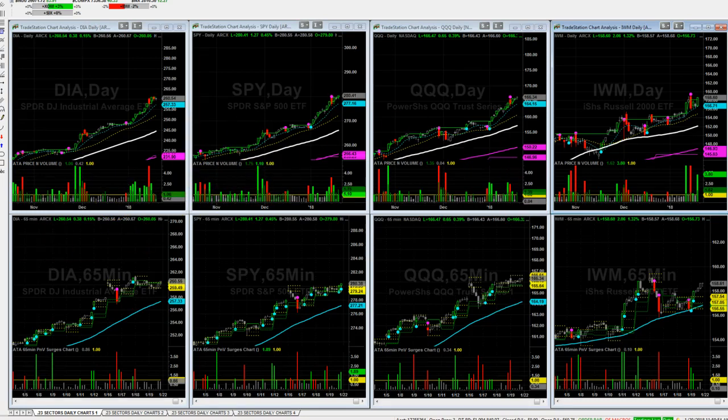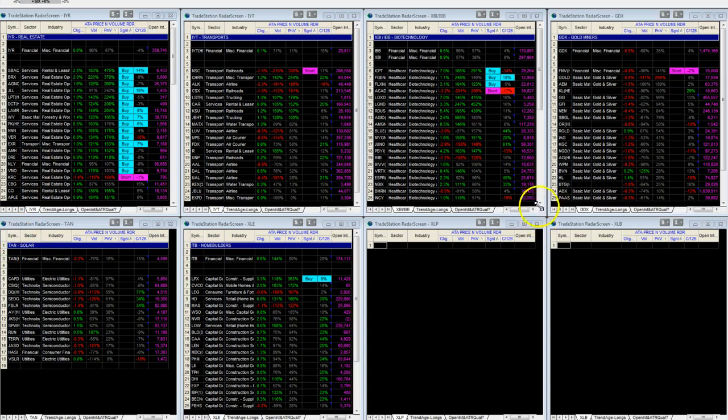You can also monitor these little smaller sectors here. IYT is the transportation sector that has things like UPS, FedEx, Boeing, Delta Airlines. So monitoring this sector would have allowed us to easily have identified the recent shift of capital into airline stocks. You can also monitor IBB. I would suggest highly monitoring this one. These are all of the biotech healthcare stocks.